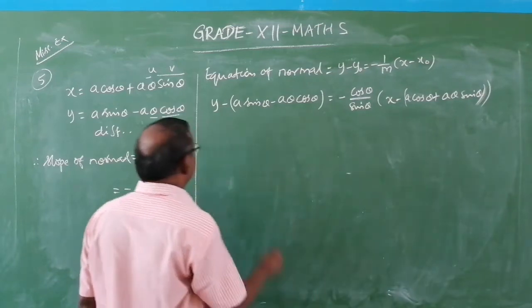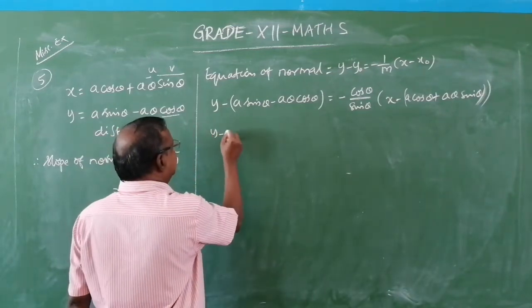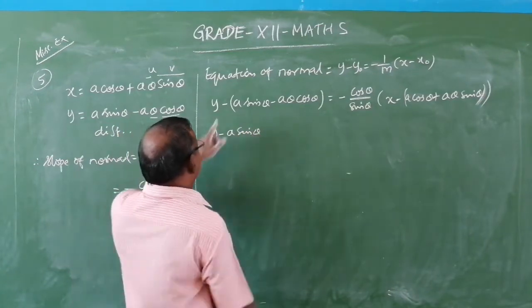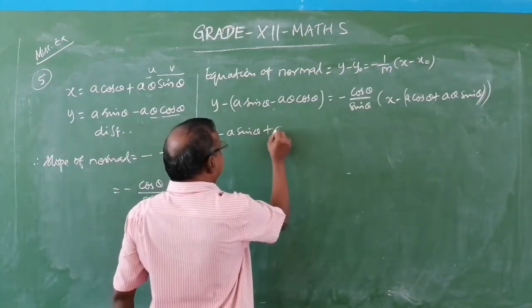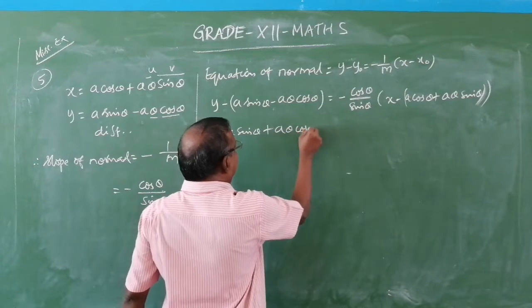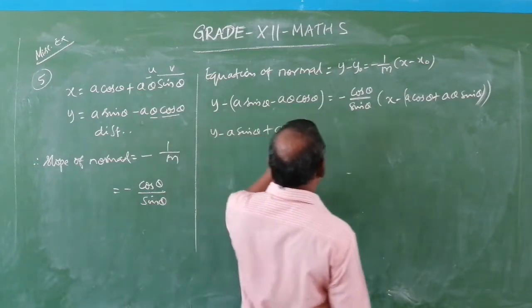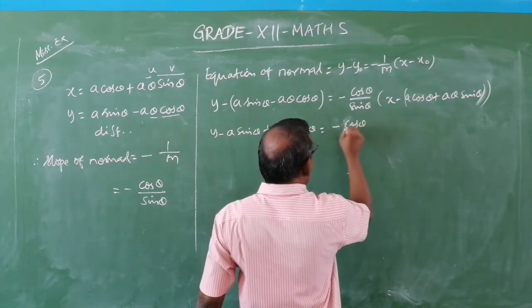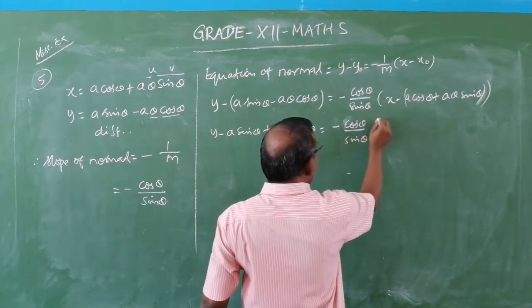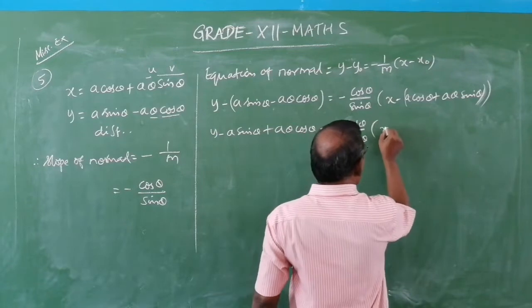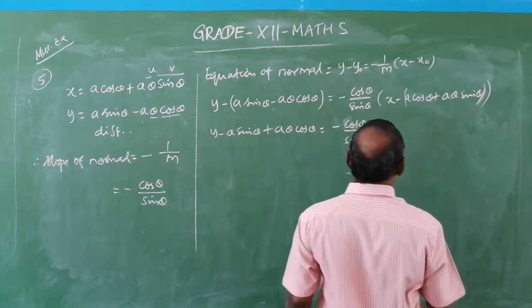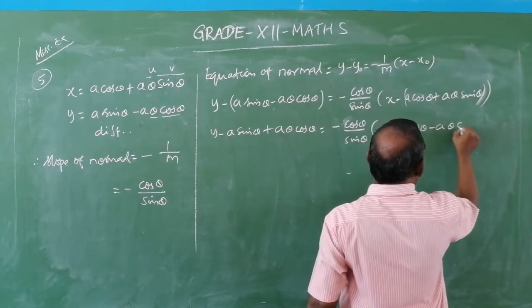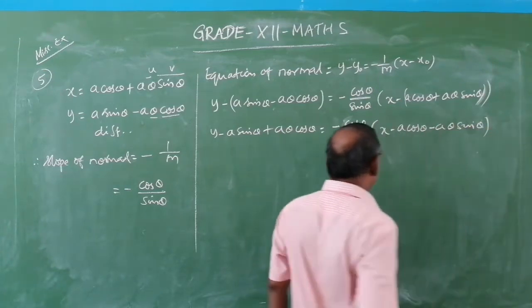Now, y minus a sin theta plus a theta cos theta equal to minus cos theta by sin theta into x minus a cos theta minus a theta sin theta.